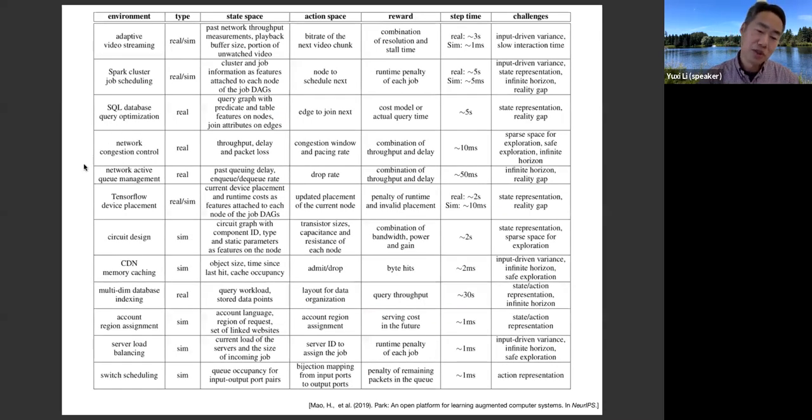Because the simple message is that reinforcement learning can be applied to almost all problems or applications in computer systems. If you name some application and Google search it together with reinforcement learning, you can basically find those papers. There are so many different kinds of applications.